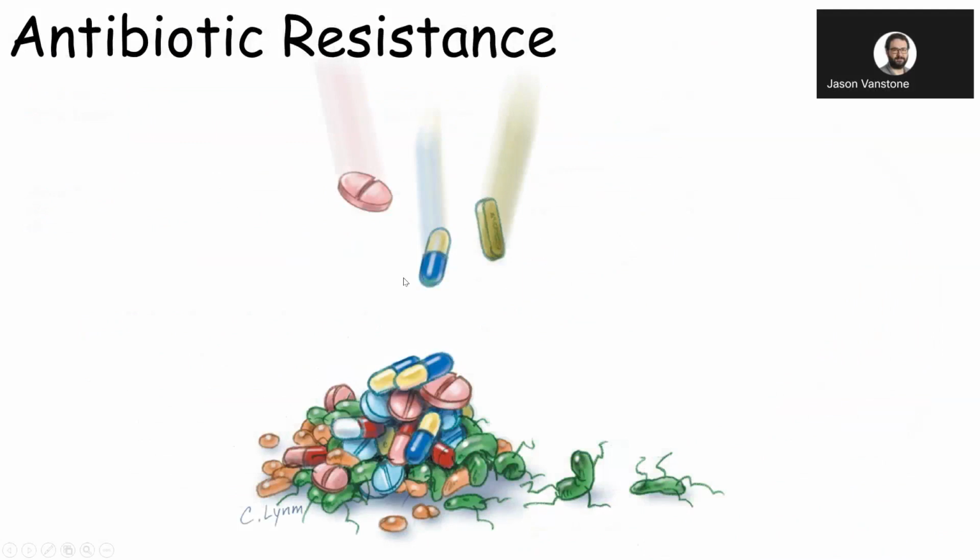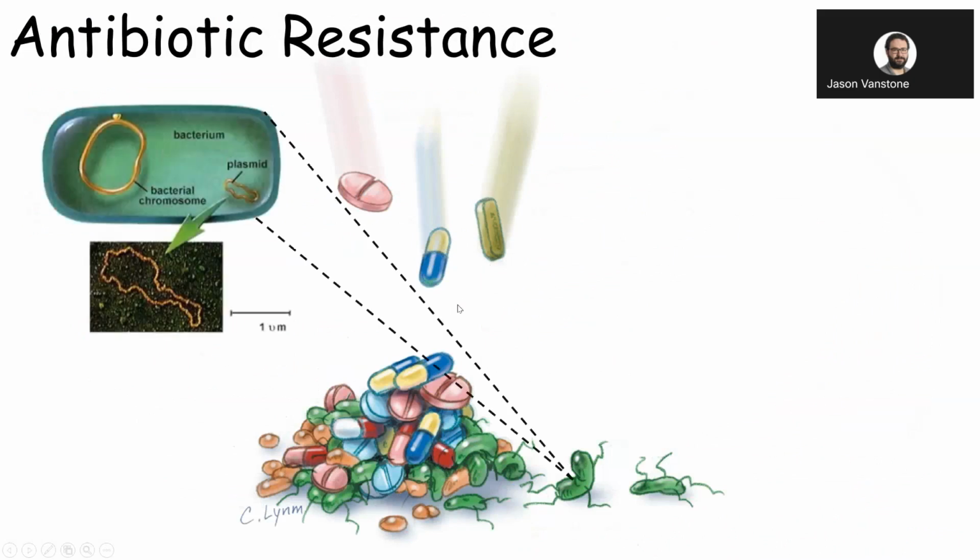Okay, so let's talk a bit about antibiotic resistance, because that's really the big issue that is facing people in medicine right now as far as antibiotic use goes. So when you have your regular run-of-the-mill bacteria and you use antibiotics against them, they will die. And that's great. That's the whole purpose of having these antibiotics. And so you can see in these regular bacteria, there's their chromosome, and they might have this extra plasmid.